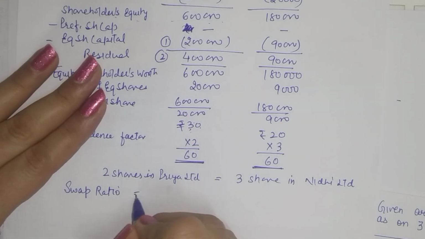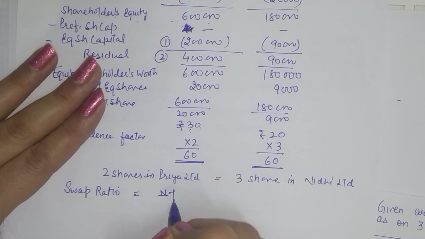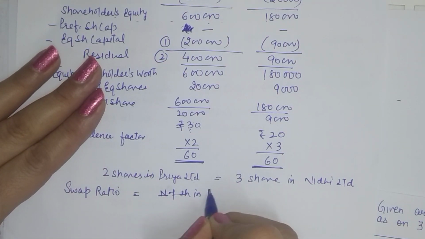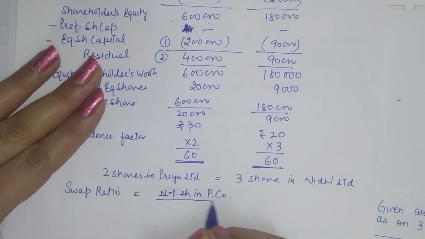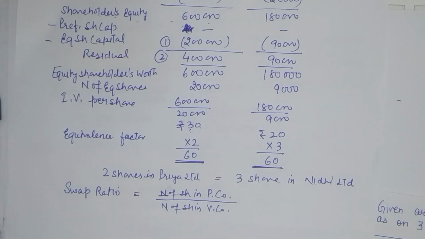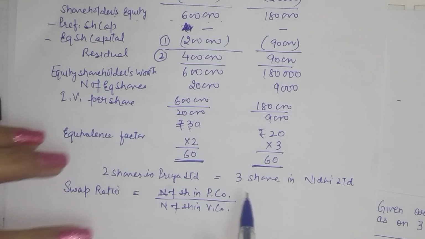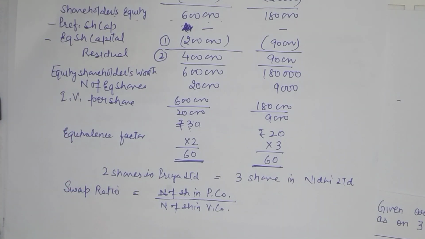So swap ratio is the number of shares in the purchasing company that you will be getting for the number of shares in the vendor company, in the existing company. So when we are to read it, it can be 2 by 3, it can be 3 by 2. But in a given question, what will we be taking? It will depend upon what is to be done.